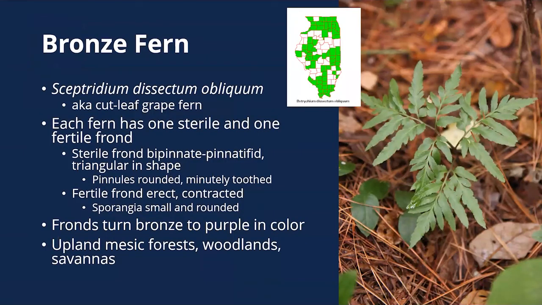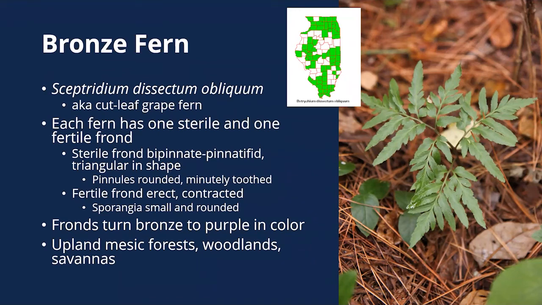Next up would be bronze fern, also called cutleaf grape fern. And so this one has, again, a sterile and a fertile frond. The sterile fronds are bipinnate pinnatifid and strongly triangular in shape. So the overall shape of this fern is a triangle. The pinnules are rounded and have little tiny teeth on them.